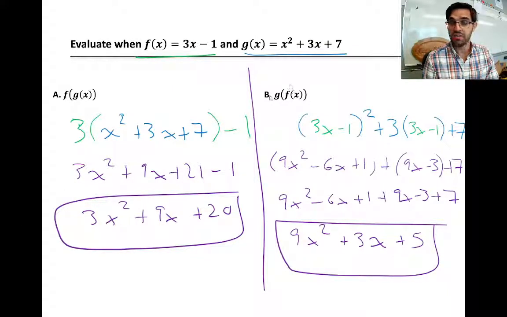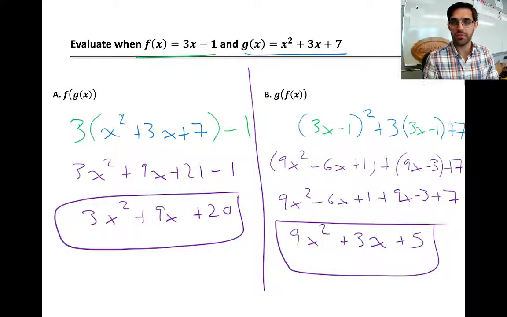We could put f inside of g, so that means the 3x minus 1 is our input for the g function. And anywhere we see an x, we're going to replace the x's in g with 3x minus 1. So instead of x squared, we have (3x minus 1) squared. And instead of plus 3x, we have plus 3 times (3x minus 1).